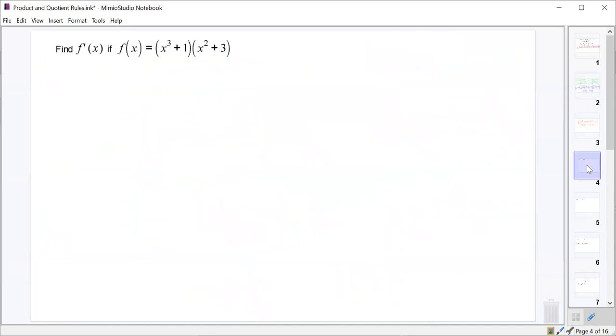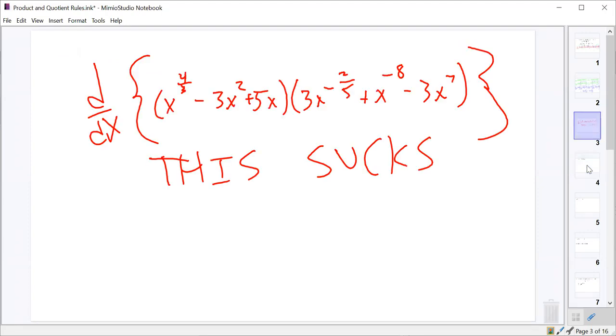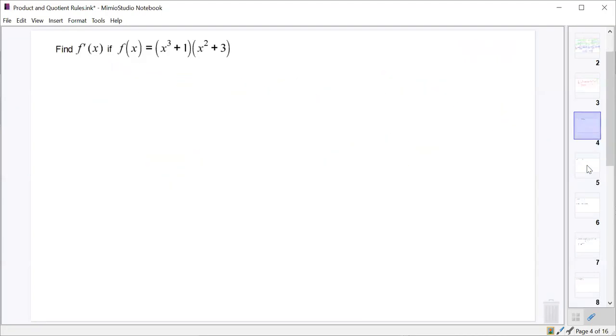And we will apply it to some products of two different functions. And this one's not nearly as bad as this other one that I said sucks. This one doesn't suck as much. But we're going to use the product rule to find the derivative, and then we'll check and make sure what we did is correct, because we can distribute this one out pretty easily and use the power rule to take the derivative.